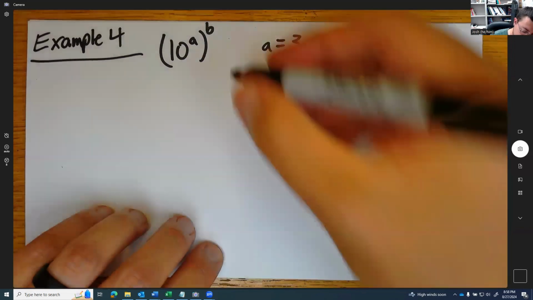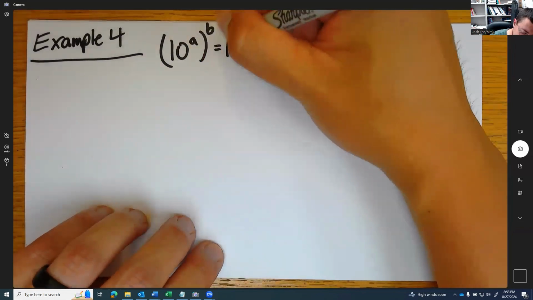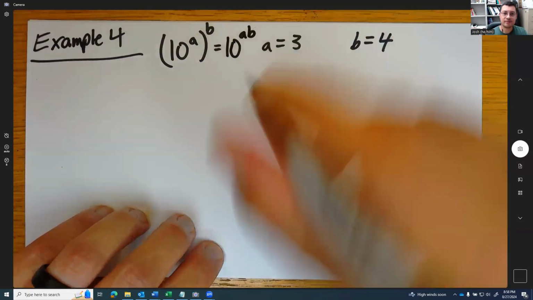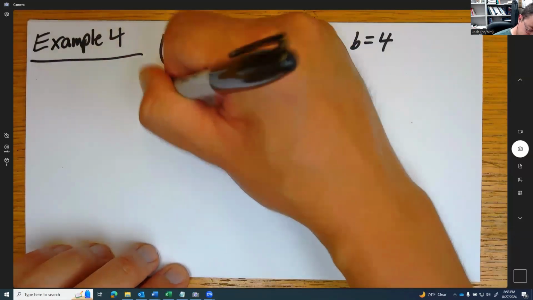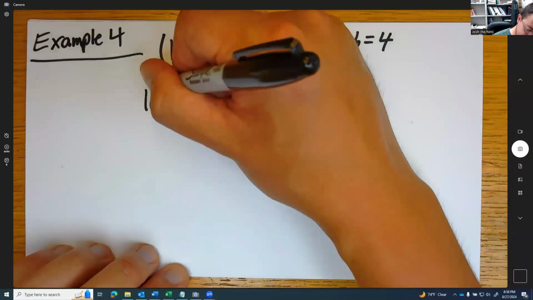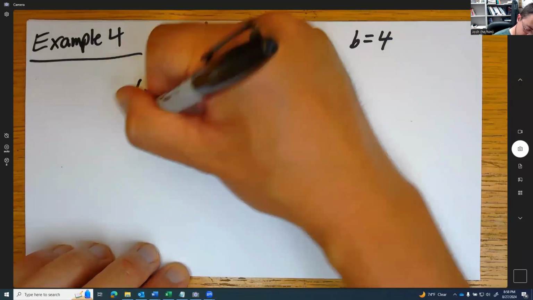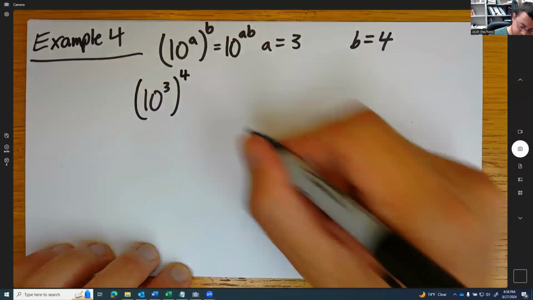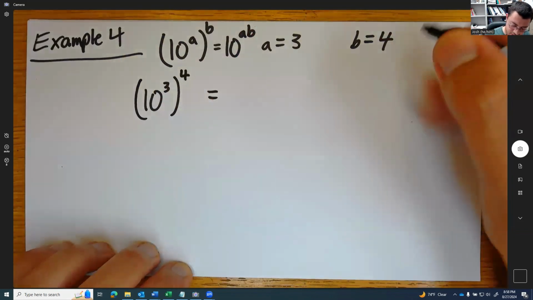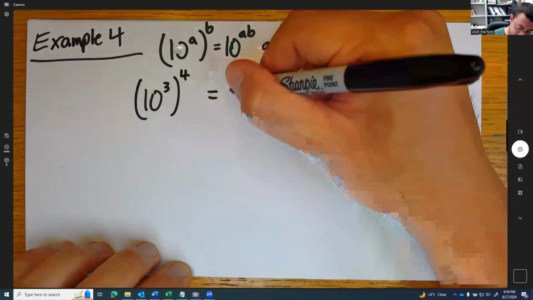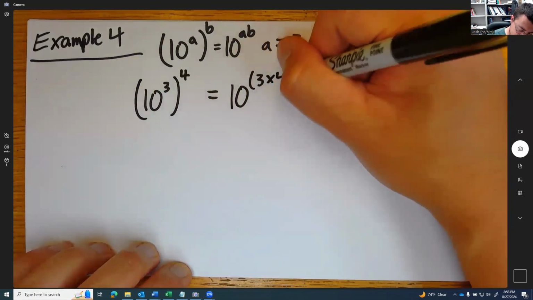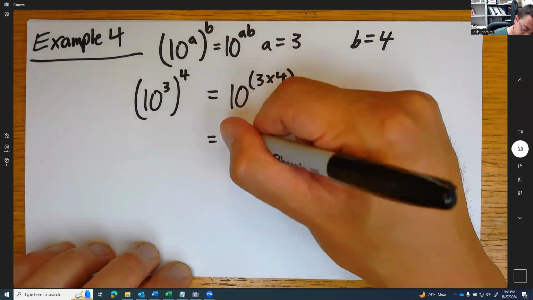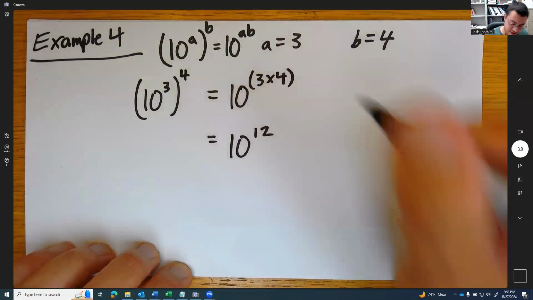Okay. Oh, and we have to show that it's equal to that. All right, so let's plug and chug: 10 to the 3rd, that to the 4th power. And the idea is that's going to be equal to 10 to the power of 3 times 4, which will be 10 to the 12th power.